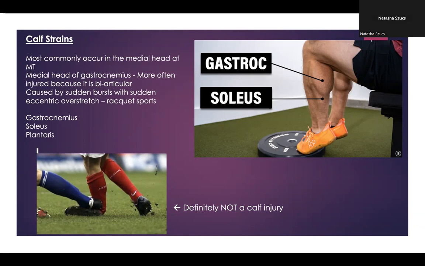So the medial head is where most tears, like usual, are at the musculotendinous junction. Medial head of the gastroc, I believe it was 80% of the time is what's torn, and it's usually going to happen eccentrically. So I wrote racket sports because a lot of people that I see with it are playing racket sports.